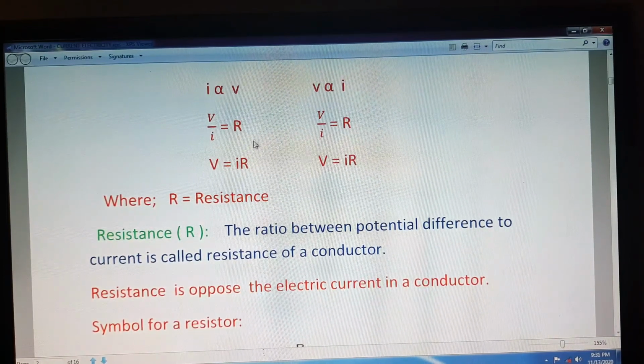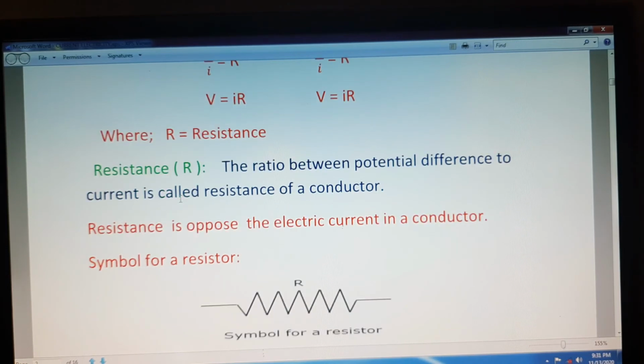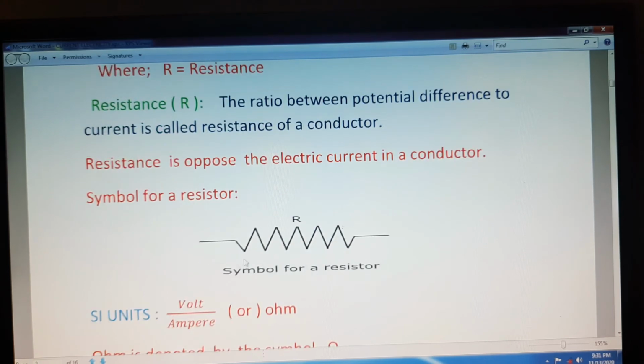We can observe this equation: R is equal to V by I. Resistance's nature is to oppose the electric current in a conductor. It is the nature of a resistor. The symbol of the resistor is represented by R. We can observe the symbol of the resistor.